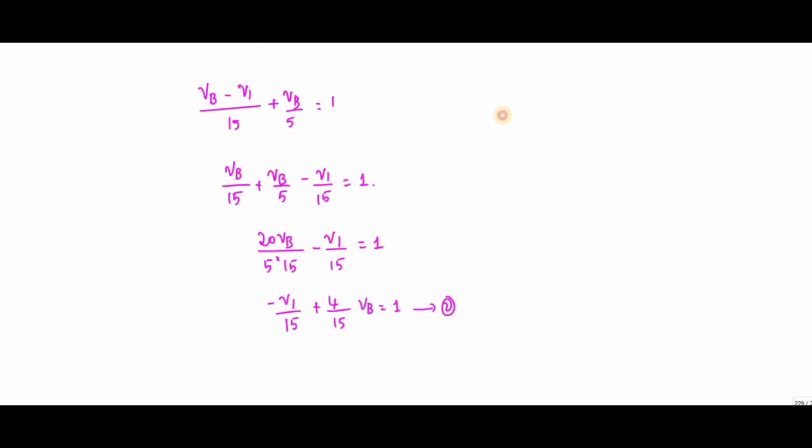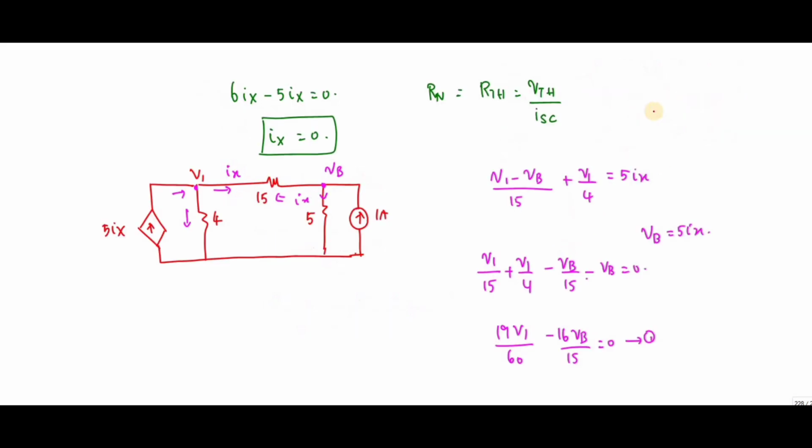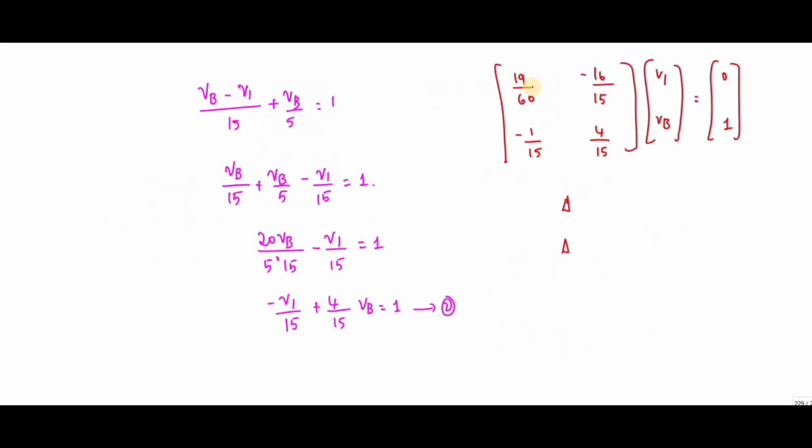From this I can form the matrix. The matrix is 19 by 60 and minus 16 by 15, and minus 1 by 15 and 4 by 15, multiplied by V1 and VB, equal to 1 and 0. Now you can find the value of del. I need to find the value of VB, which is VTH. So I need to find del 2.